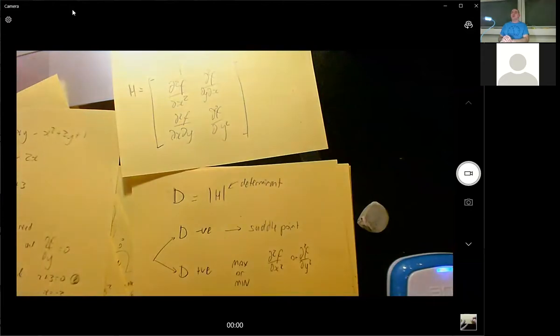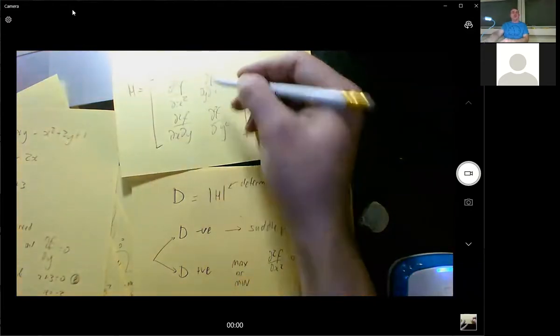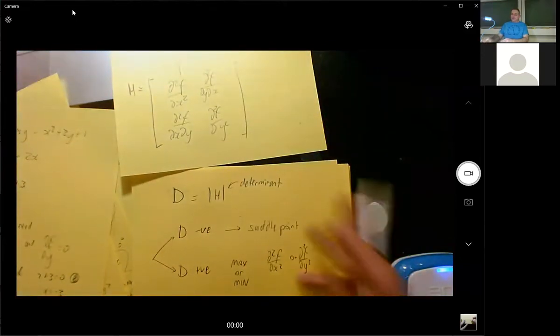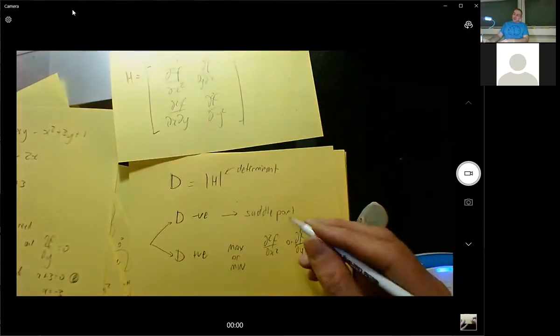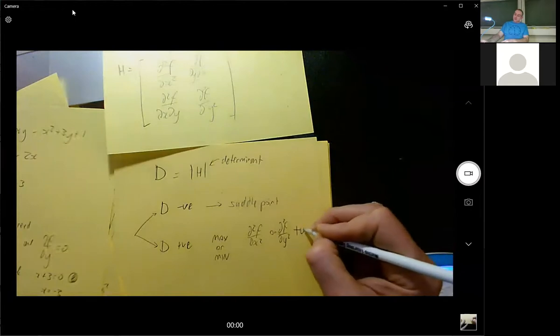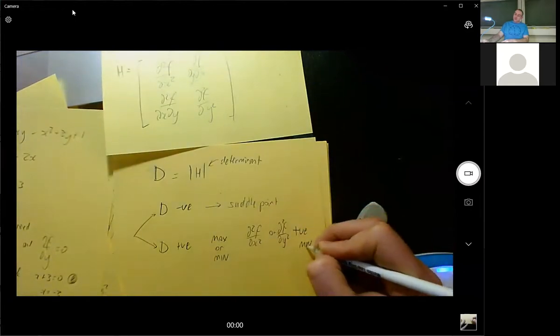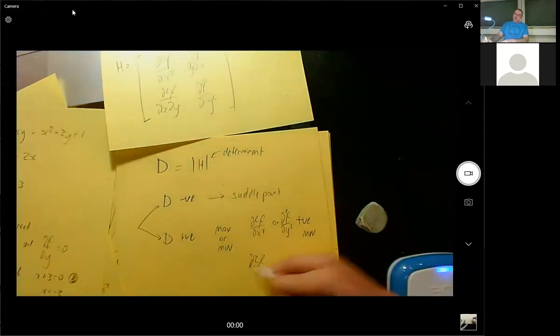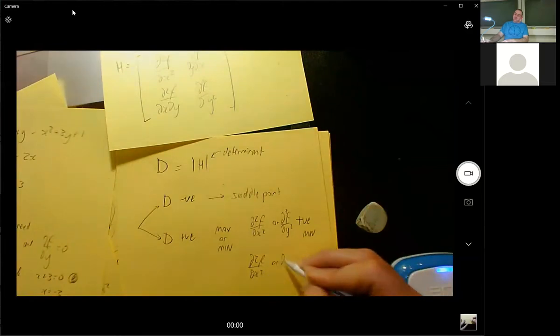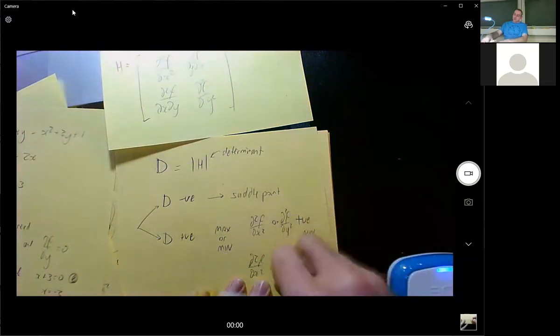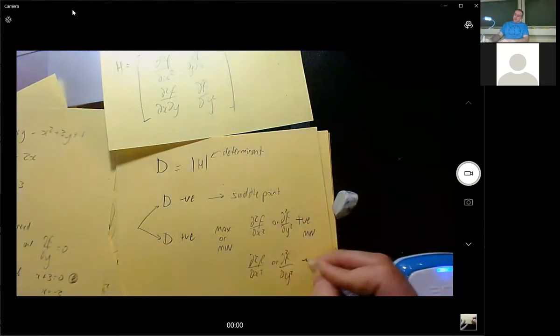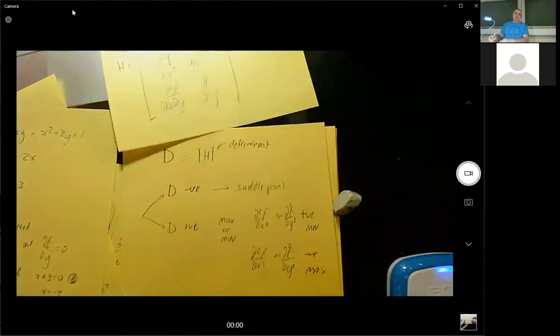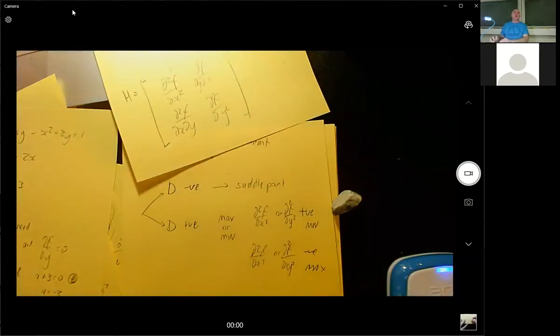Like the literal determinant of the matrix. So this times this minus this times this. So to get a maximum, if this one is positive, then it'll be a minimum. And if either one of those is negative, then it'll be a maximum. Doesn't matter which one. Use whichever one you want.